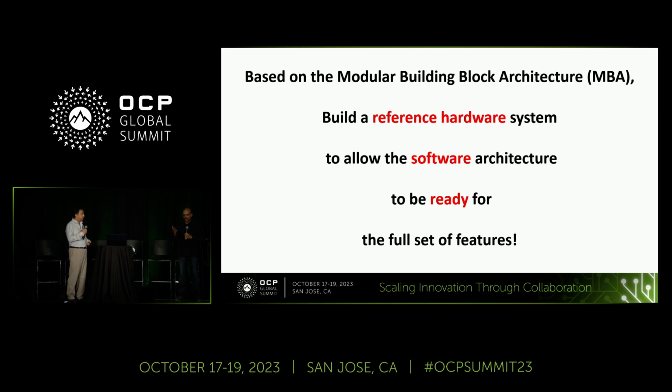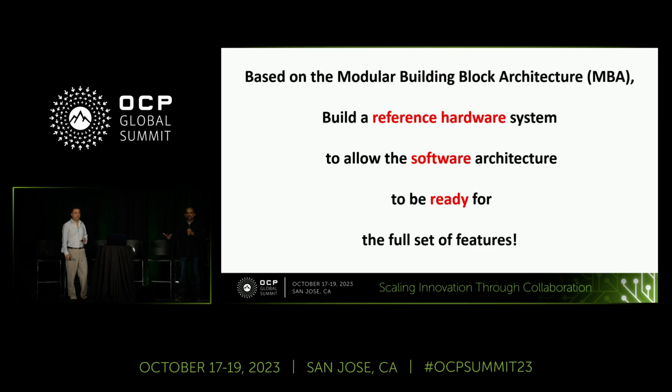So again, the idea is, as we mentioned right in the beginning, you have a very promising technology which has mechanism to address a lot of challenges. You have to realize that technology with a real system, a reference system, which is where OCP and the community and all of you play a very important role.